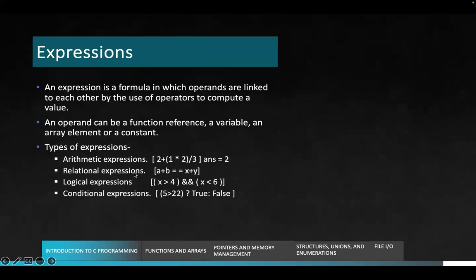Next are relational expressions, where it requires a comparison between two items. Next, logical expressions also. Logical expressions, again, I said, use double ampersand, double OR, double negation, like that. NOT is also the same. Next, conditional expressions.